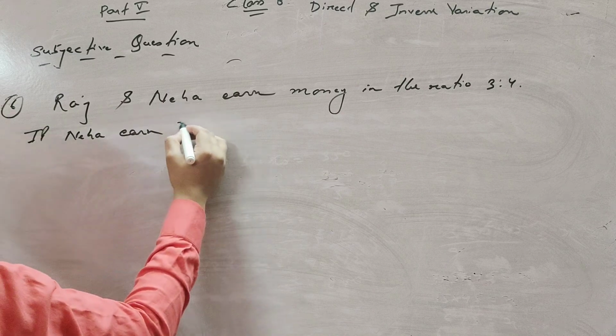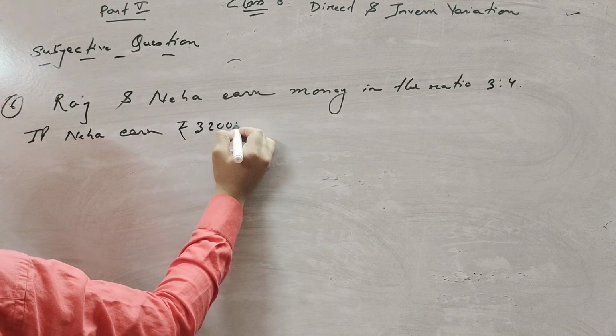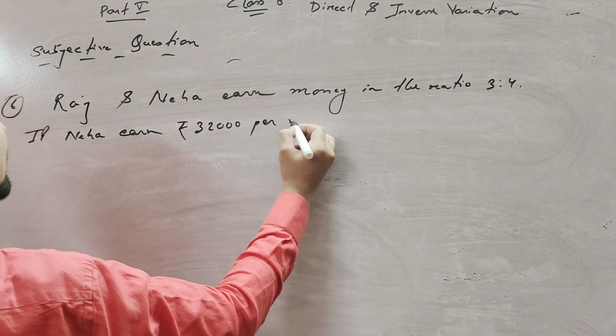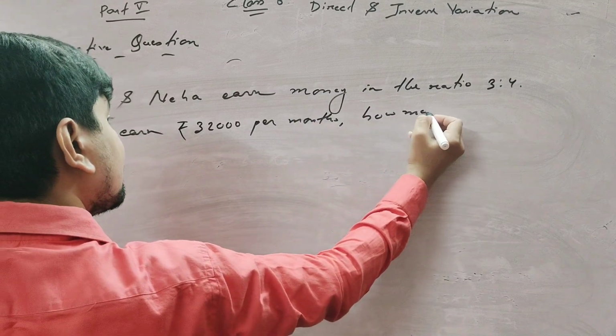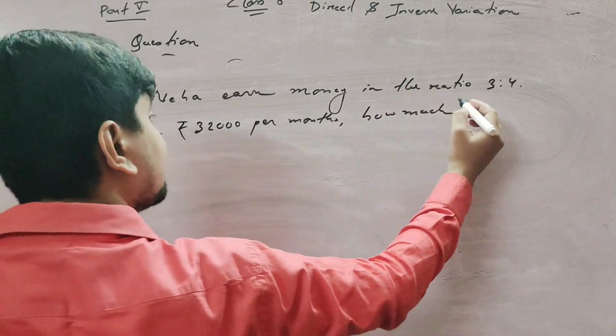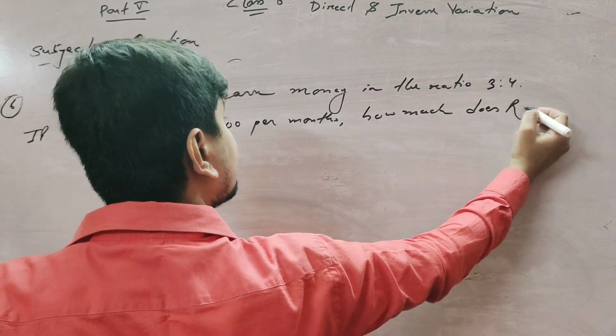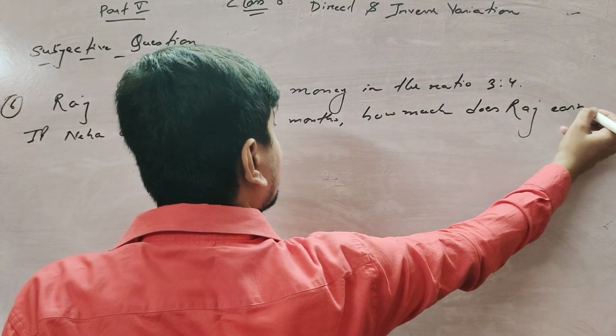If Neha earn rupees 32,000 per month, how much does Raj earn?